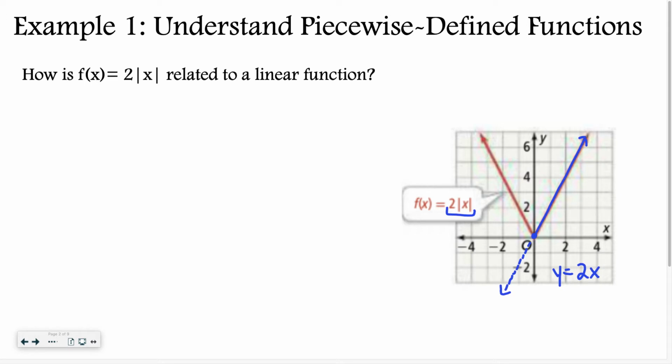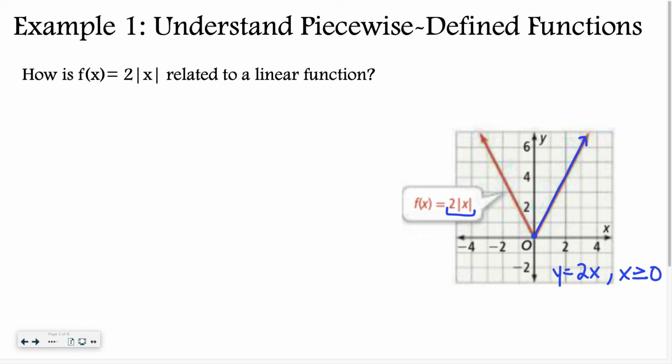And then where does this graph start? This graph starts when x is equal to 0, and then it goes towards the greater than. So x is greater than or equal to 0 would give me just that part of that line.